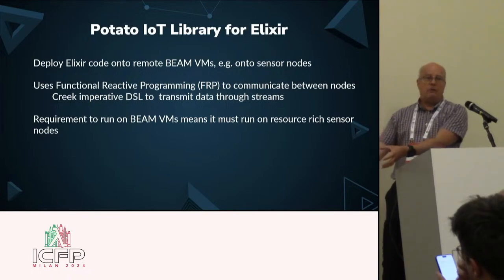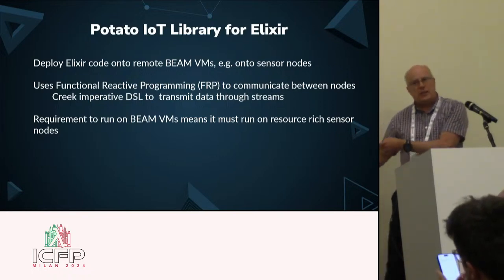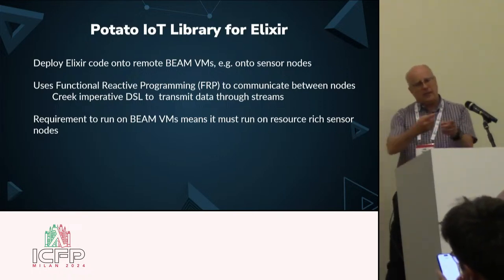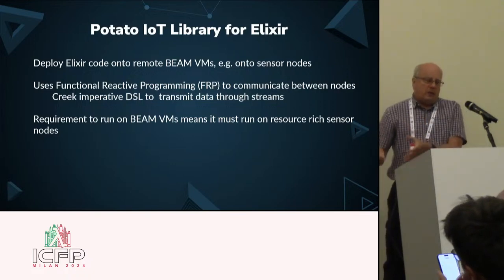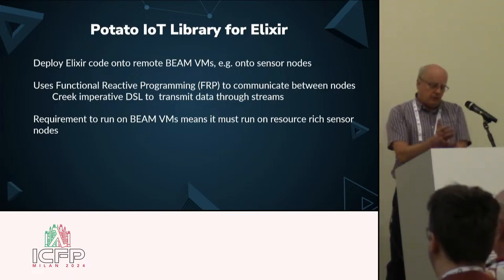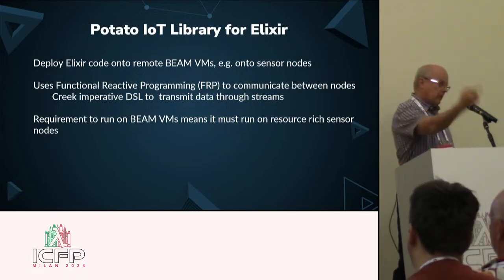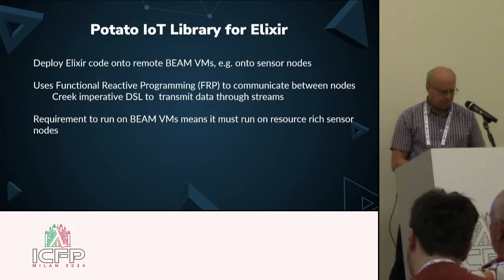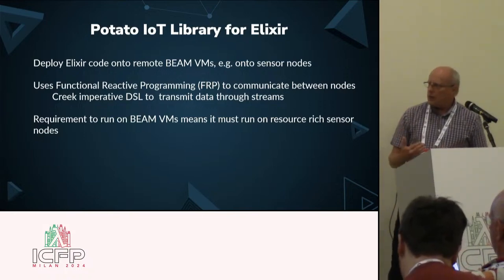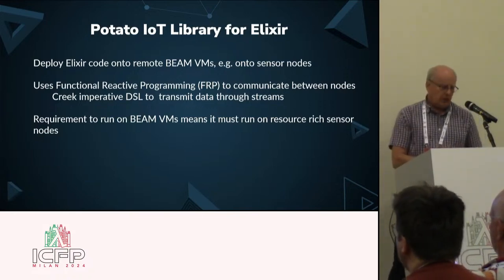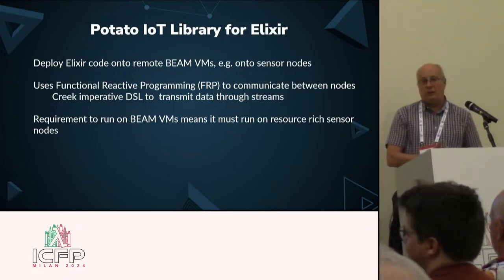Something happens in the environment, it generates an event, and you stream that event from the sensor node to the server, and from the server to the web client. To express that communication, you use the Creek DSL. It's unfortunately very imperative.